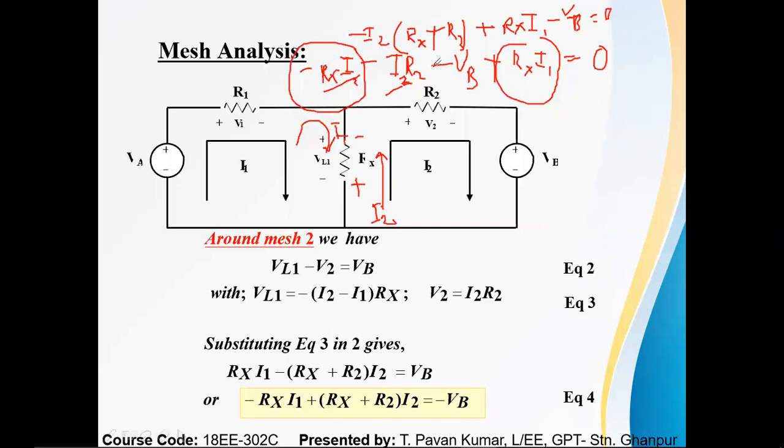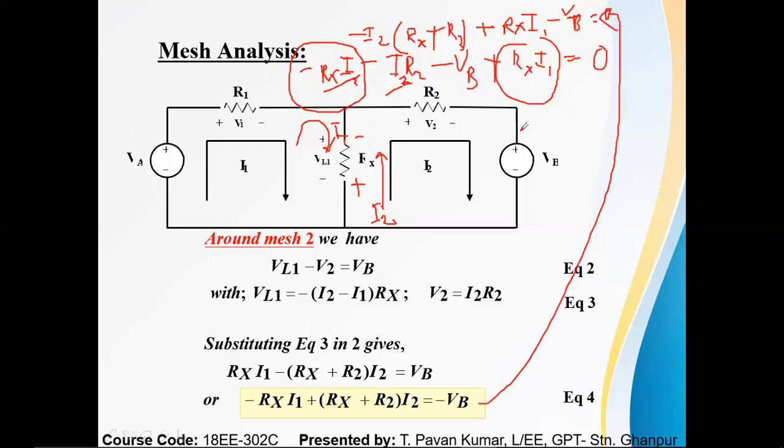So it is the same equation I did with some mathematical combinations. Here I took it as common, that's it. Hence minus VB is equal to, I can write based on this mode. So both these equations are the same.